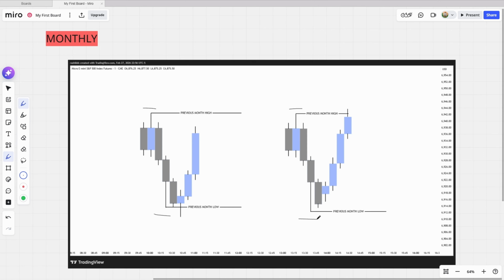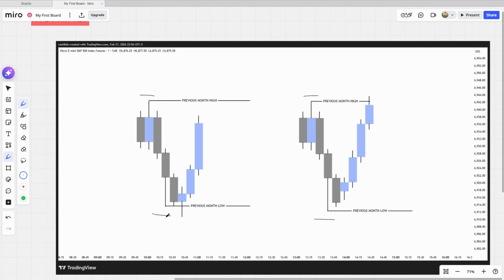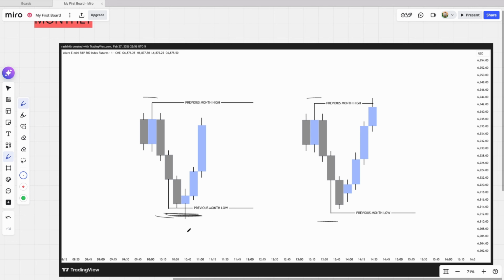In the first scenario, price reaches the previous month's low. When it does that, it runs sell-side liquidity resting below that low. After that liquidity is taken, we often see a reaction. That reaction can form a reversal, and price may then trade back into the range. In this case, the previous month's low acted as a draw on liquidity and then a reversal point.